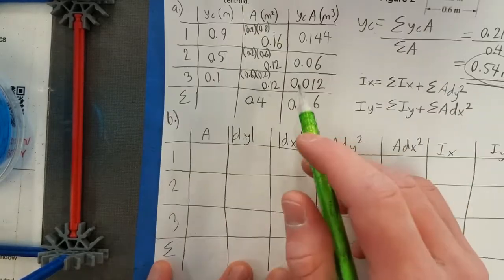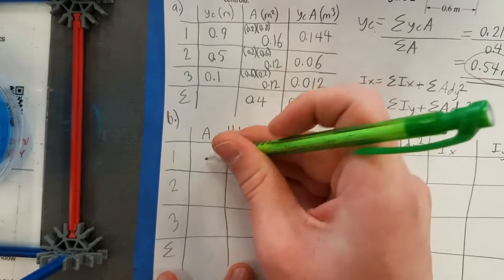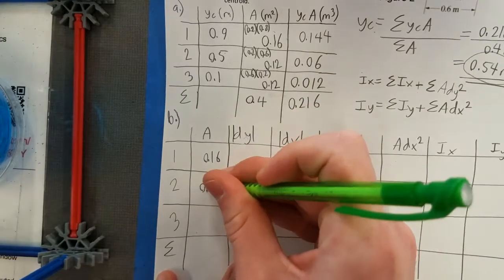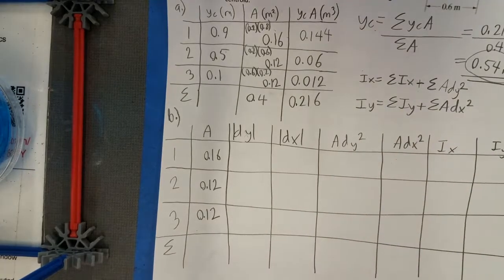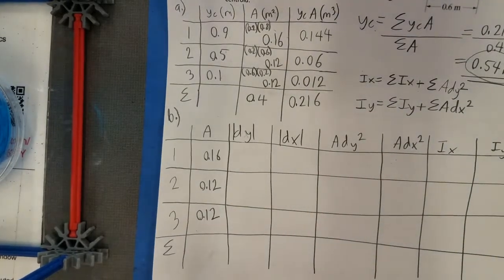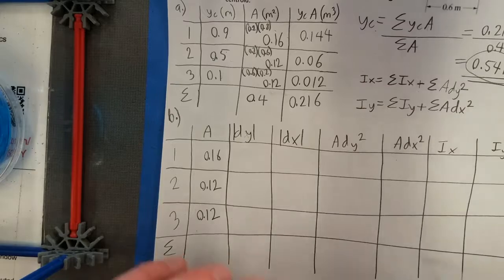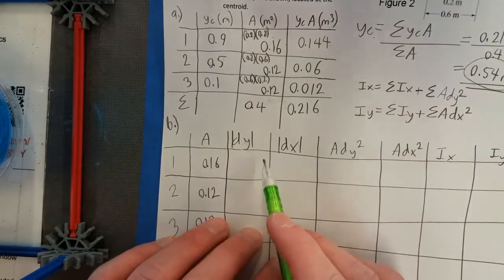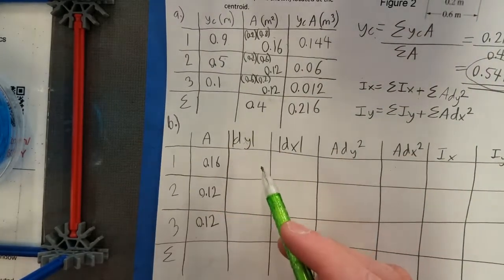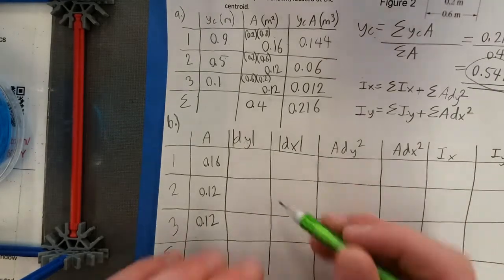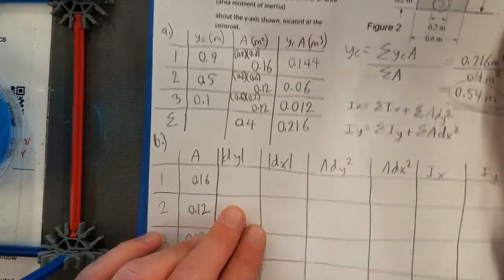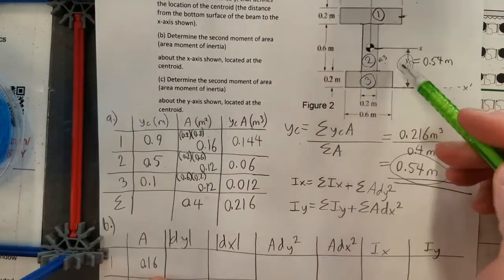And so we can go ahead and copy over our areas from before. So we've got 0.16, 0.12, and 0.12. Let me make sure I did this right. So our dy's are going to be our distances from our x-axis here.